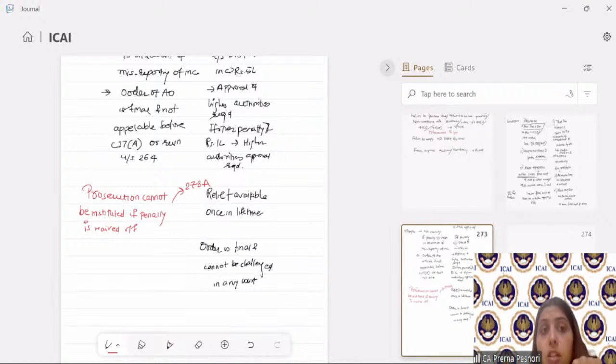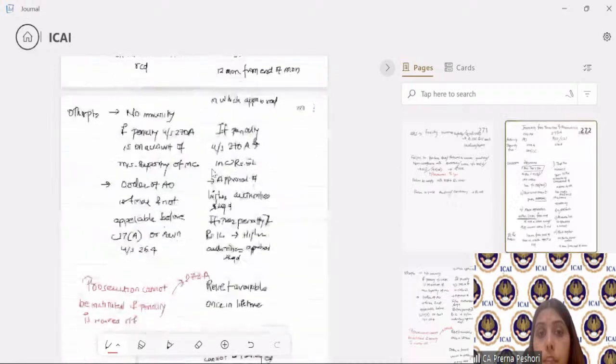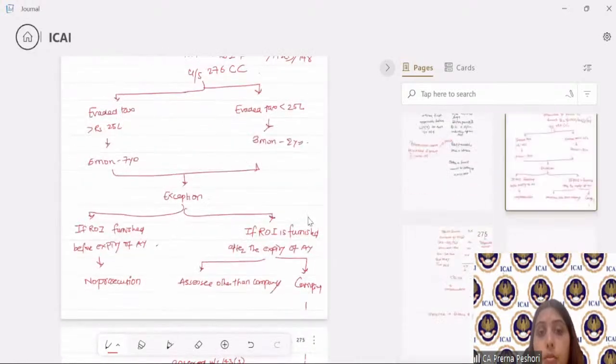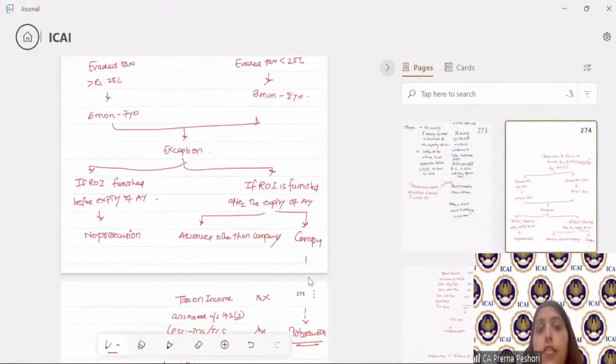So what we have seen is that if KLM is a company, the prosecution can be instituted. If it is a firm, the prosecution cannot be instituted if the tax is less than rupees 10,000. So if it is a company, the prosecution can still be initiated. Is that very clear?